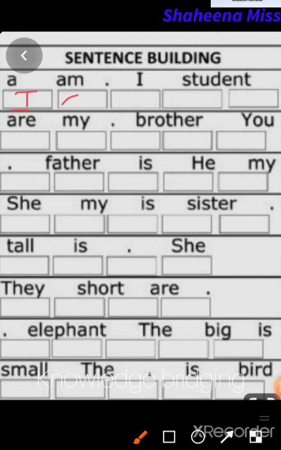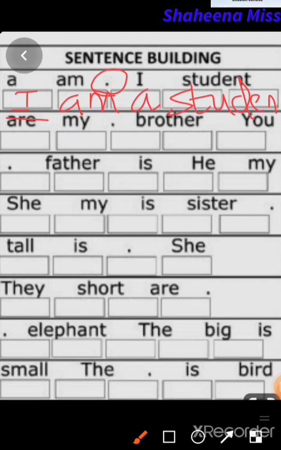I am a student, and after student you are going to give a full stop, because a sentence starts with a capital letter and ends with a full stop. Then only is a sentence called a correct sentence.